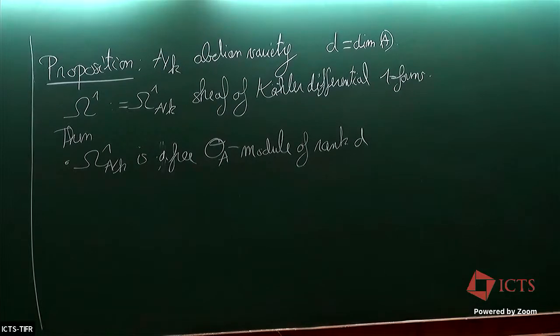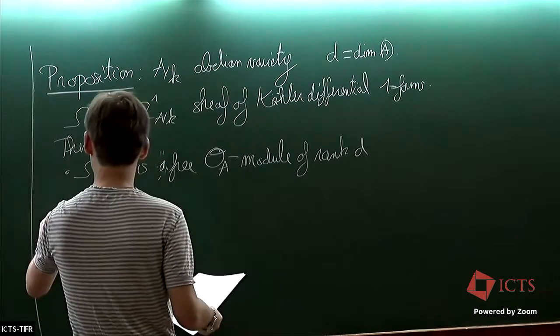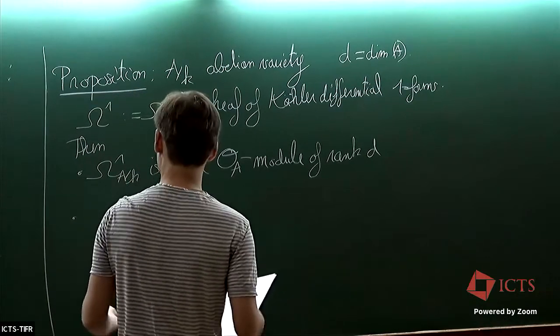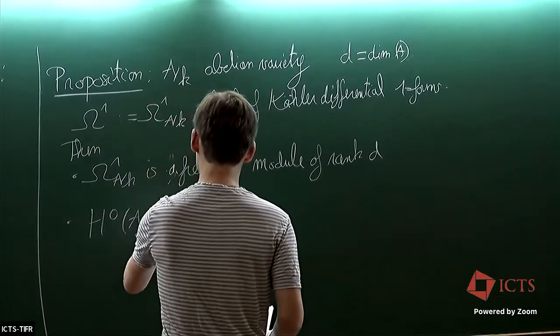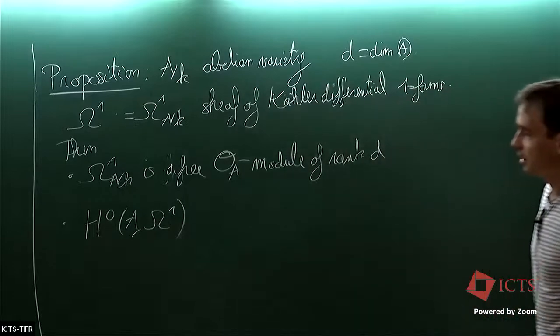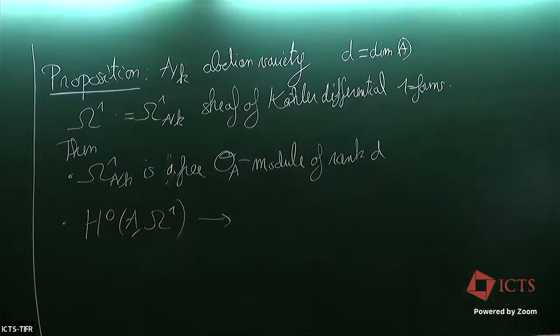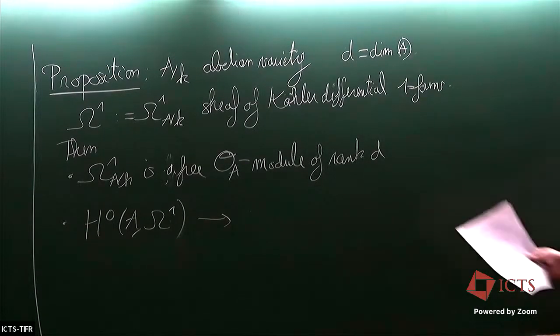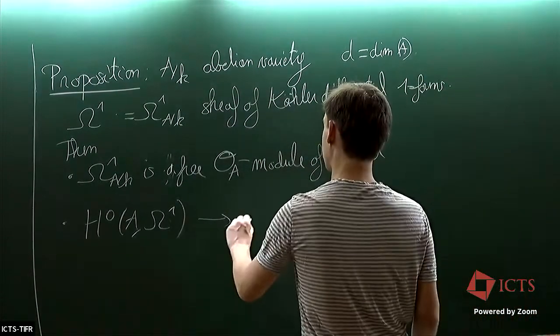It's not a weird sheaf having weird sections, etc. It's free of rank d. So this is a good point, and has as a consequence, for example, that I could take the global sections of the sheaf and restrict them because it's a one form. So it defines linear forms on every point. On the abelian variety, I have an obvious point, which is 0. So I'll look at what happens when I restrict to 0.